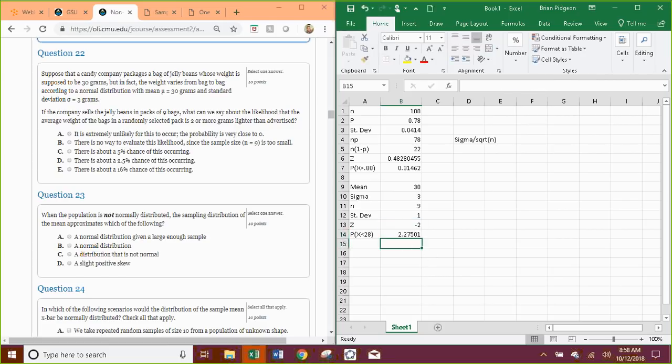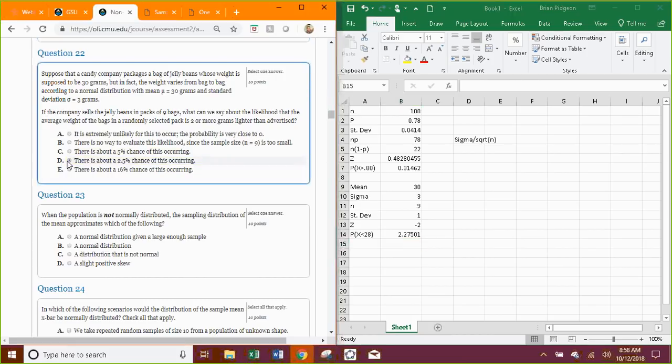We can even multiply this by 100 if you struggle with seeing the similarities. About 2.275, and the standard deviation rule would say about 2.5% chance. I think when they made these questions, they made it so that you could potentially use the standard deviation rule because your standard deviation is 1.